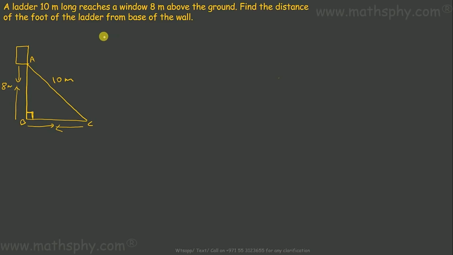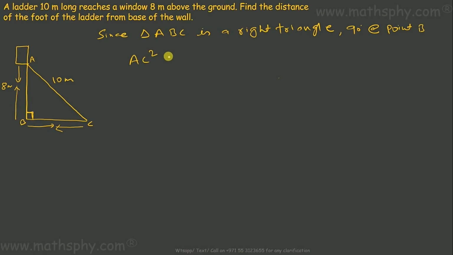Since ABC is a right triangle, 90 degree at point B, in that case, AC square will be equal to AB square plus BC square. AC square is 10 square, AB square is 8 square, BC square I have to find out.